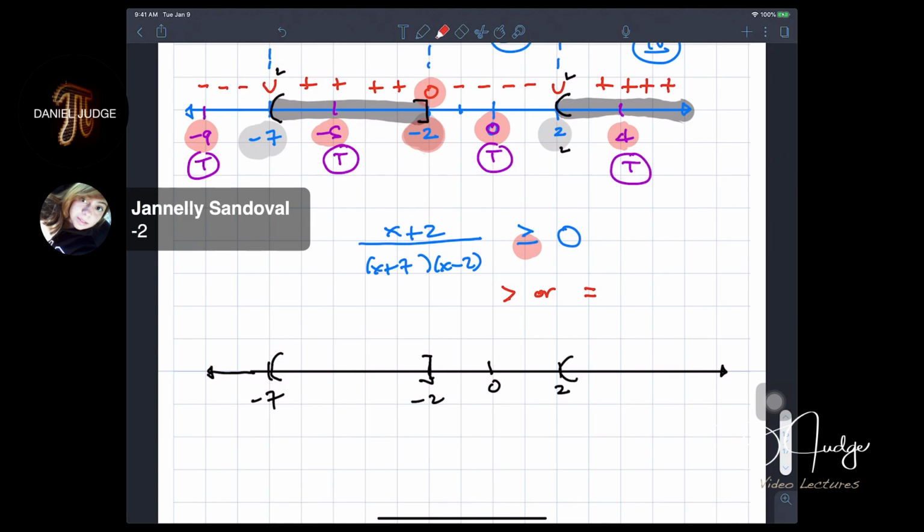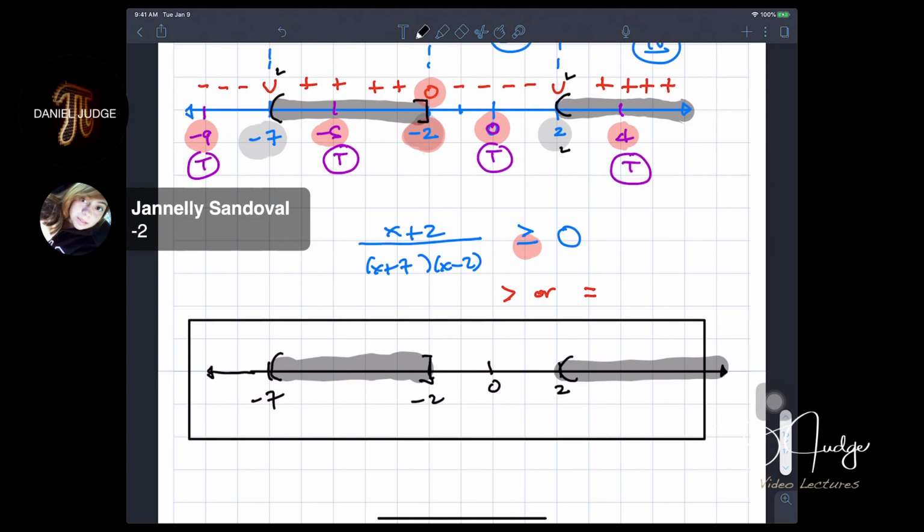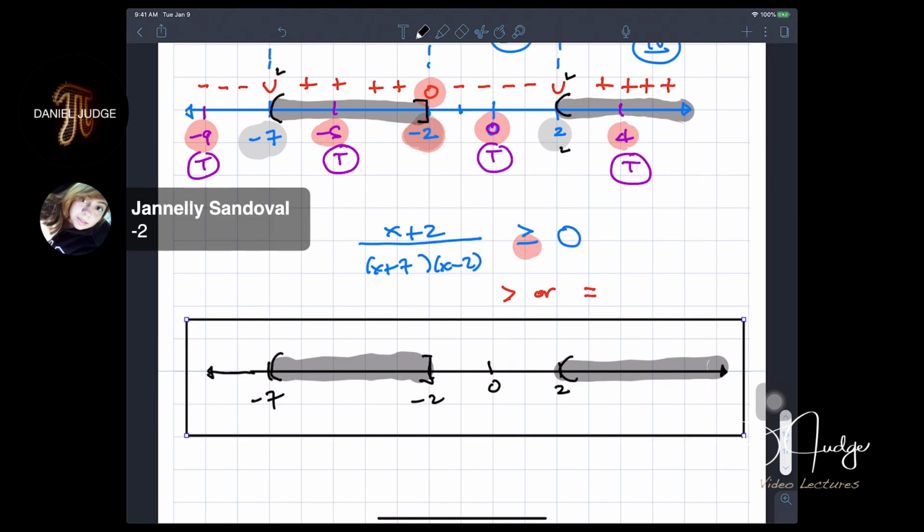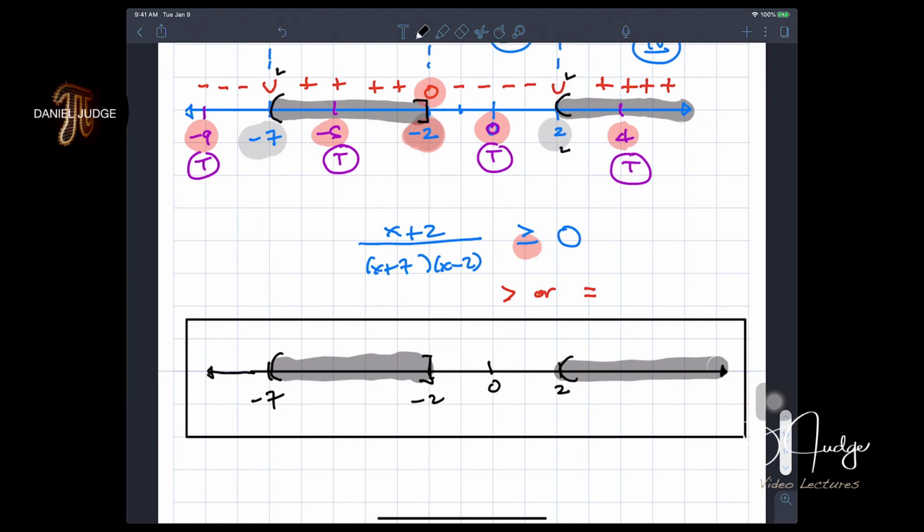Parentheses around this. So ladies and gentlemen, there you go. Here you go. There it is. Okay. Thank you, Janelli. Thank you all. And that's how you do some of these sign analysis questions.